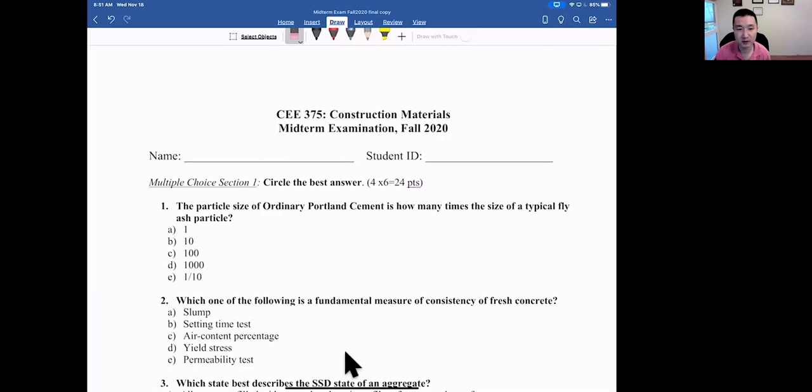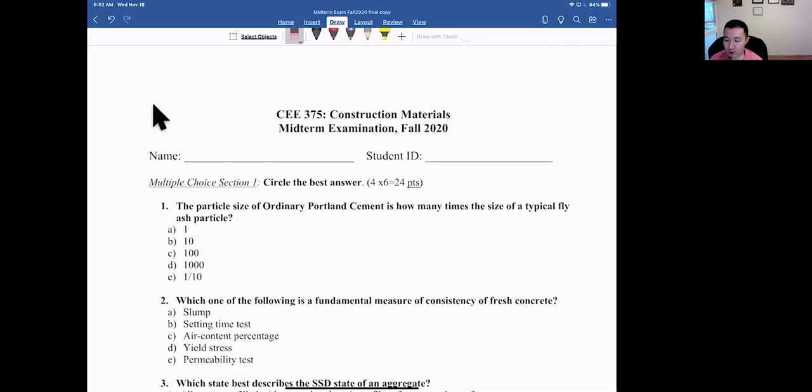So here is the midterm. Question number 1. Talk about particle size. The particle size of ordinary Portland cement is around 10 to 20 micrometer. So it's how many times the size of typical fly ash?